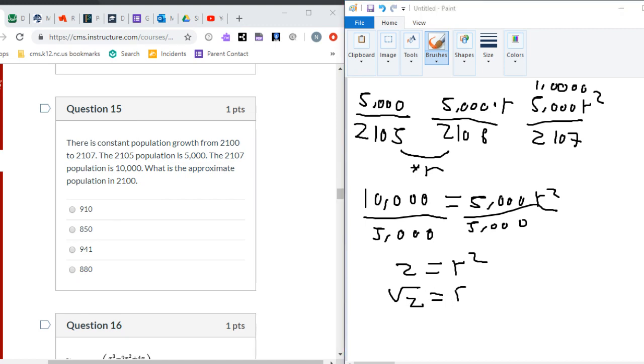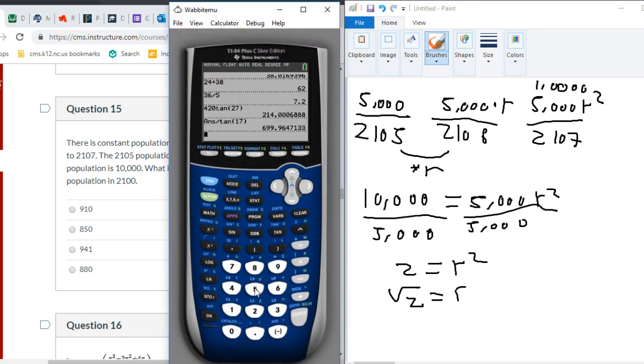And follow along with me. If 5,000 is the population in 2105, and we're trying to find the population in 2100, and the population increases by multiplying by root 2 going each year into the future, we decrease by the square root of 2 going each year into the past.